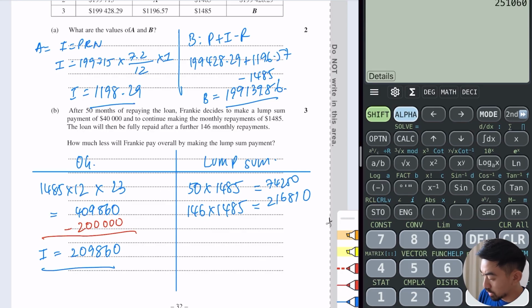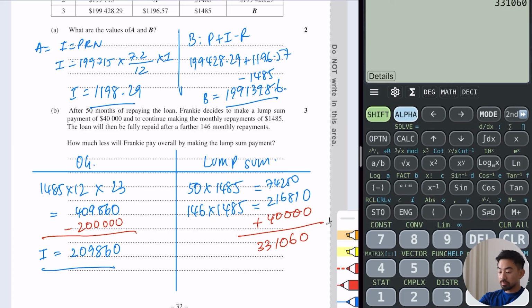So this should be, I've got to add that back on, don't I? 331060. That's how much he pays for that. Subtract her principal.